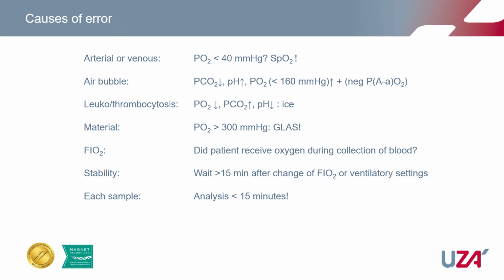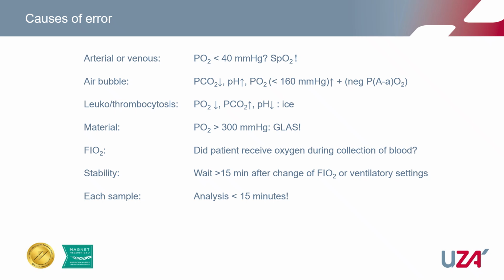In case of leuko or thrombocytosis, due to the ongoing metabolism of the cells, oxygen may be consumed while CO2 is produced. As a result, the PO2 may be decreased while the PCO2 is increased and pH decreased.